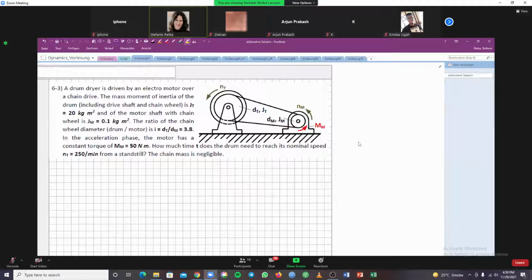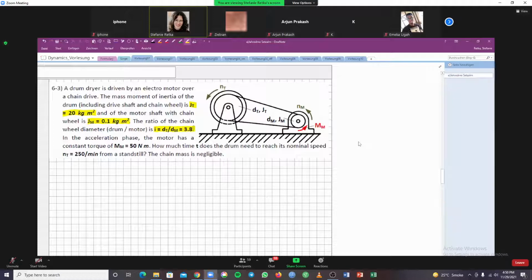The mass moment of inertia of the drum is given with 20 kilogram times square meter, and the mass moment of inertia of the motor is given as well, 0.1 kilogram times square meter. And then we have a ratio of the chain wheel diameter from drum to motor, which is also given.